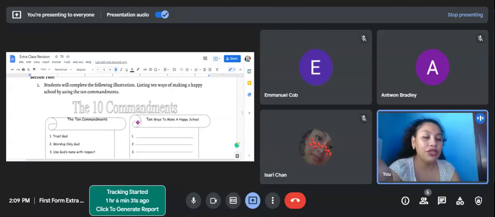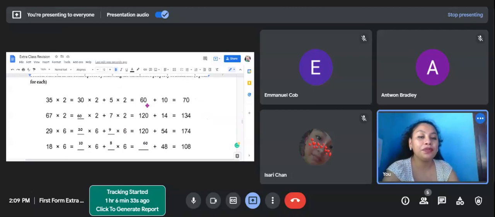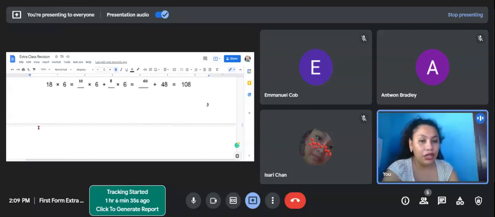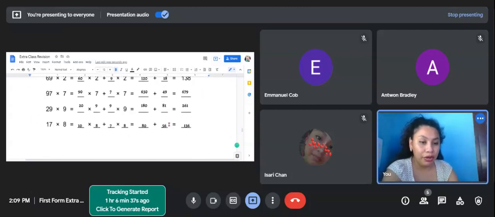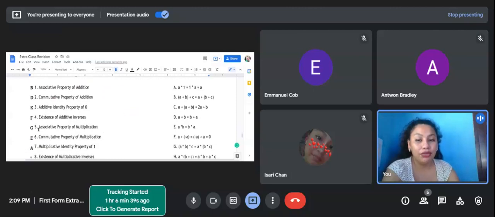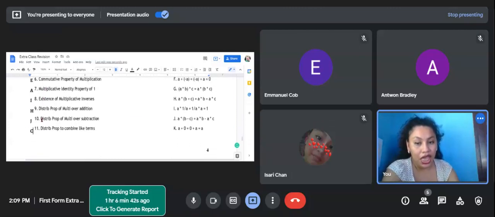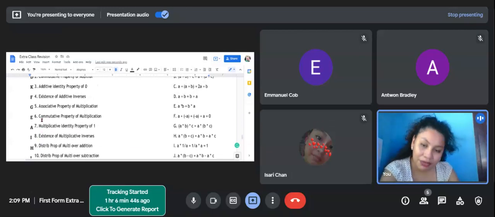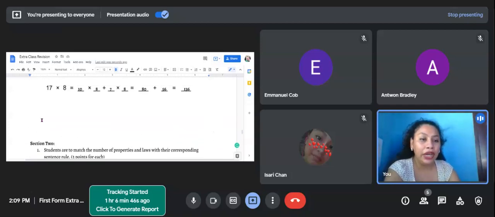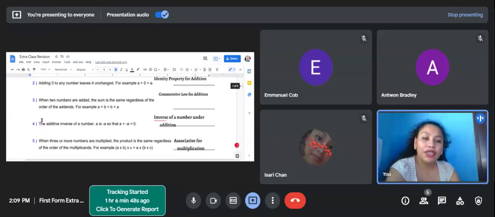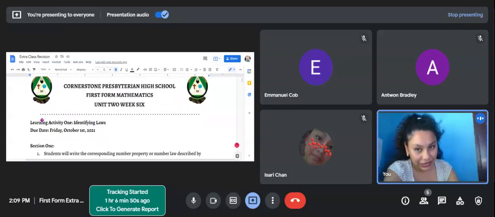The second one is the 10 rules. I'm not gonna do the 10 rules. You guys have to make your own 10 rules. This one is the one on filling in the blanks, distributive property. And then this last one was basically matching the names with its rule, right? So then these were the activities for this week, week 6.